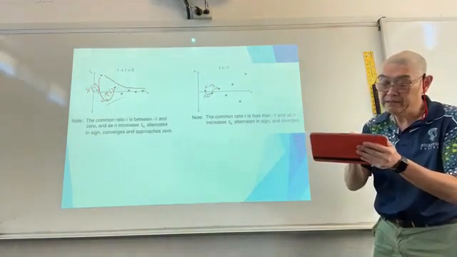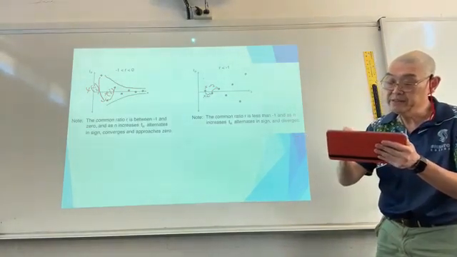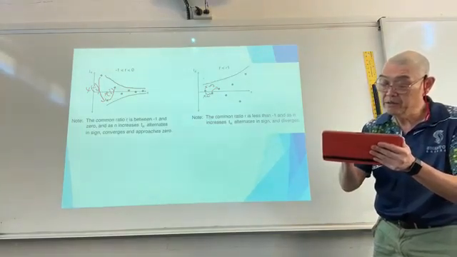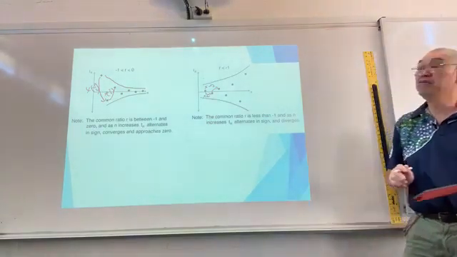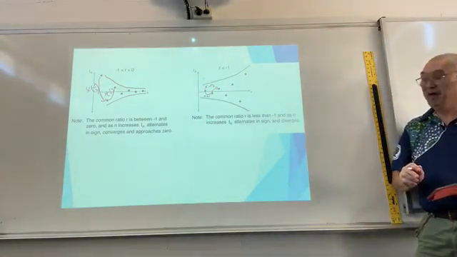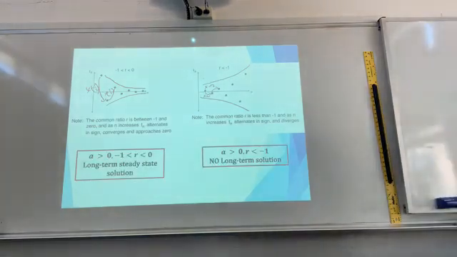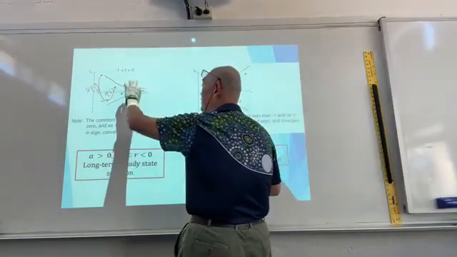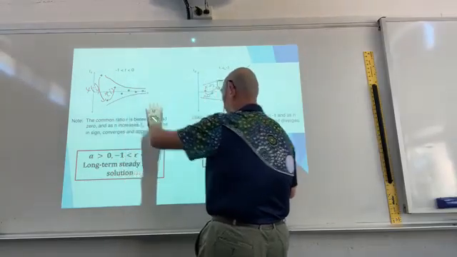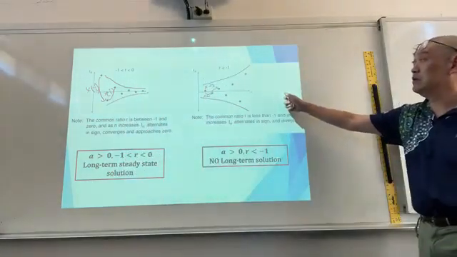It will look something like this, right? Whereas in this situation, it will be opening up. So how do we describe it? The first one, we have a long-term steady state solution. Again, in this situation, it's actually approaching 0.